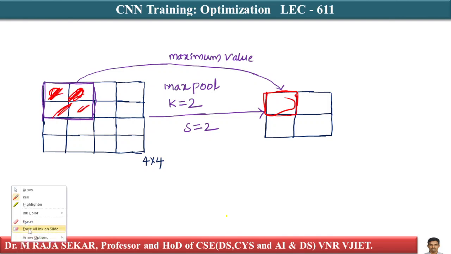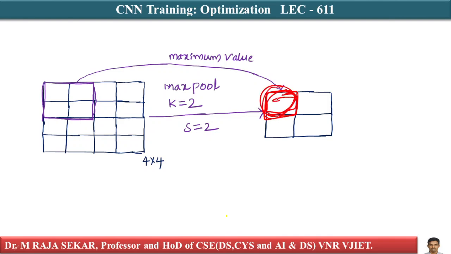From the first 4 cells, I will collect the maximum value and keep it here. That's the procedure, isn't it? I got this particular output. The first cell here came from the maximum of these 4 cells.